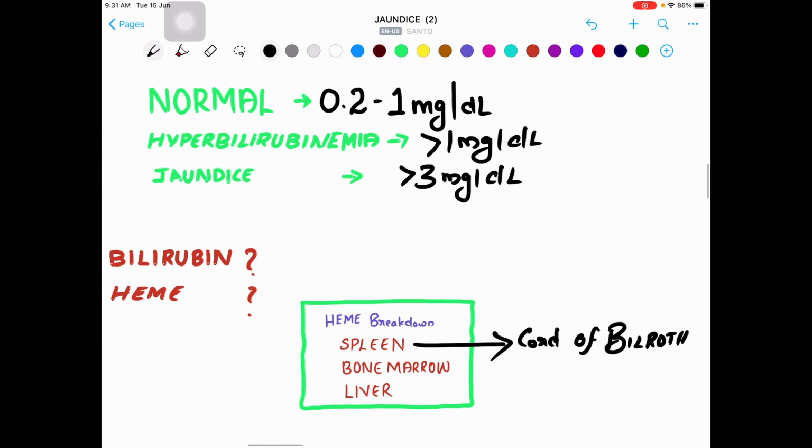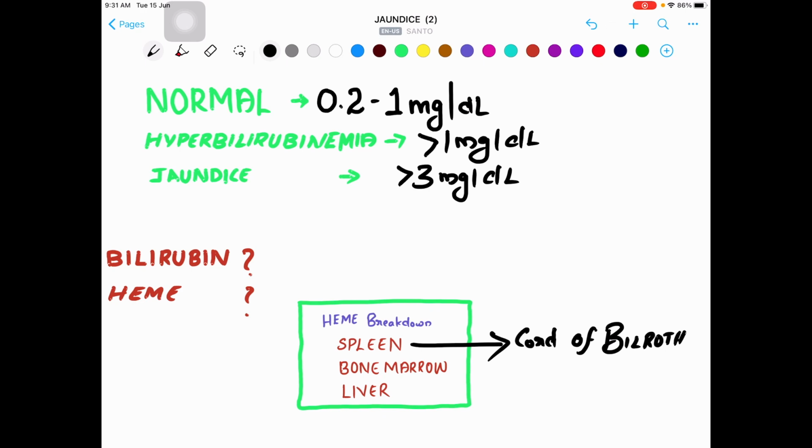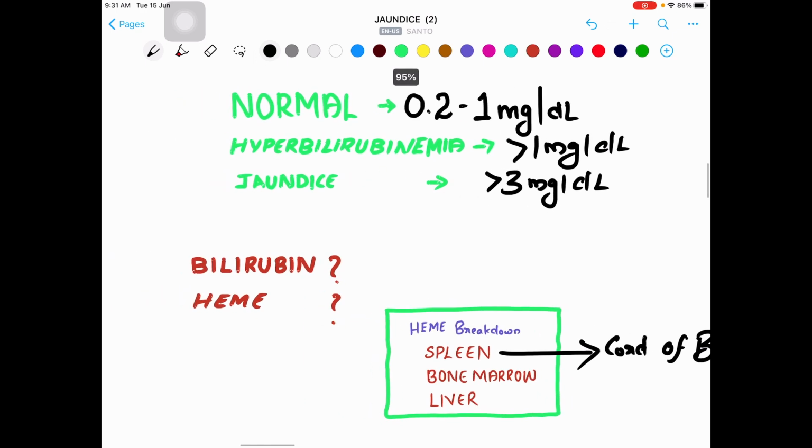Since heme is a main compound of hemoglobin, myoglobin, cytochrome and catalase, breakdown of all these compounds will lead to heme production. But the main reason is the hemoglobin that is present in the old RBCs. So now let's see what actually happens inside the spleen.